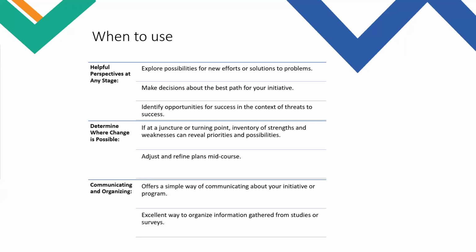You can also adjust and refine plans mid-course. In other words, you may have a plan and you're thinking of giving it a 12-month cycle to see if it works. But you can do a SWOT analysis in the middle of it and say, okay, this is not going to work. There's probably a better way to go.